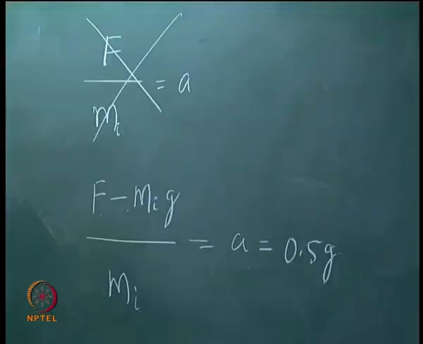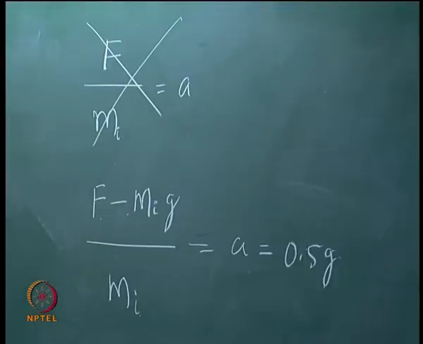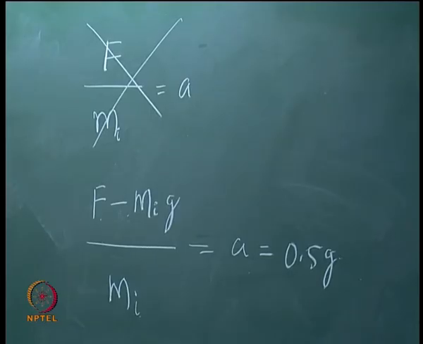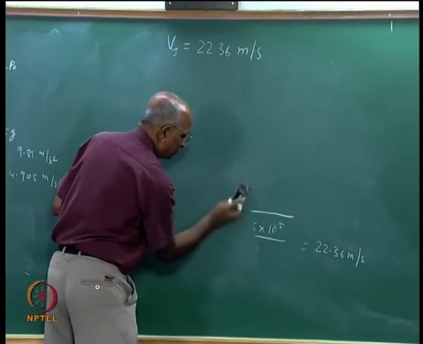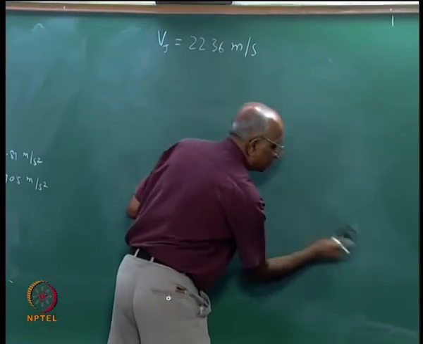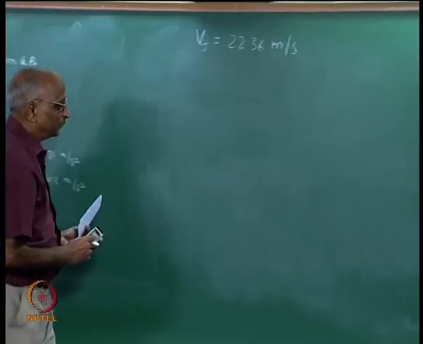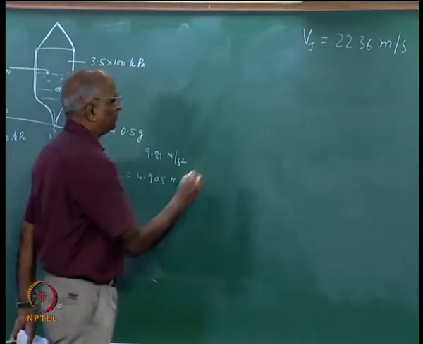Let me erase this portion by just writing the Vj is equal to 22.36 meter per second, yes. What is the value of F?